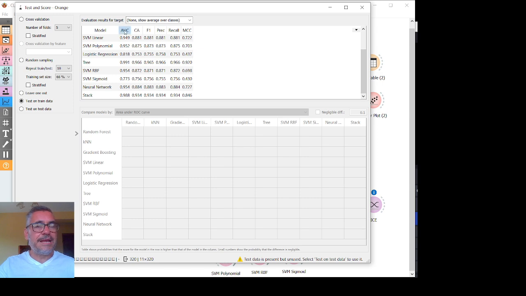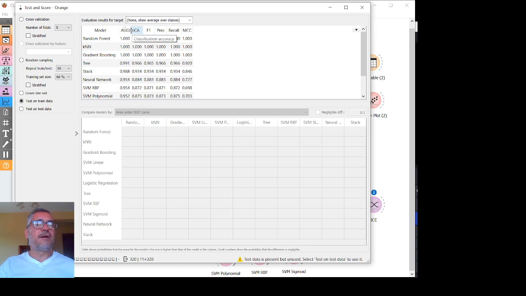You can click here to sort the different machine learning algorithms here, the different models, according to each individual performance forecasting evaluation criteria, the area under the curve, the F1 score, precision, recall, and so on.